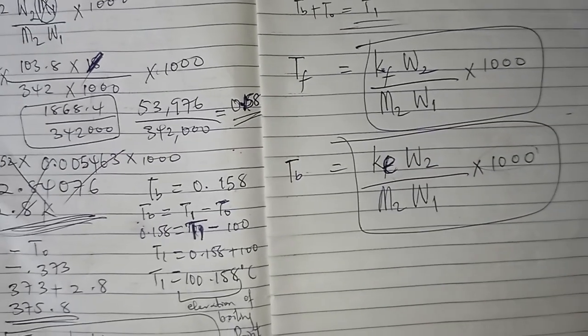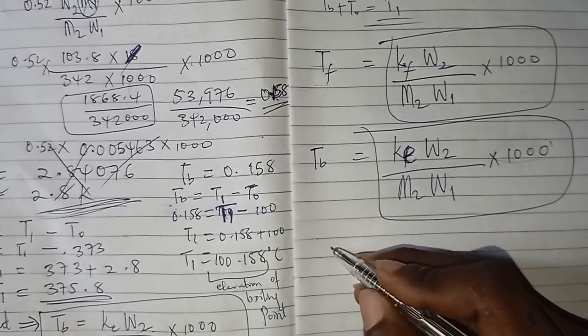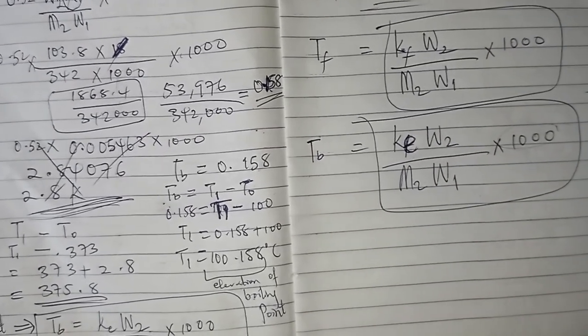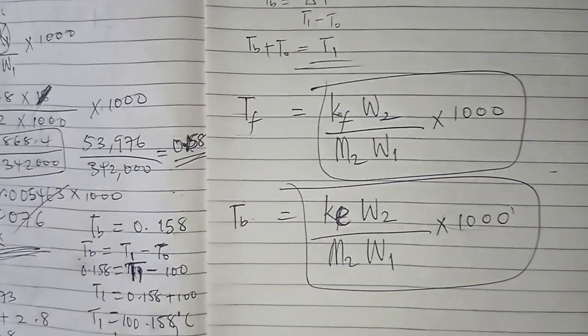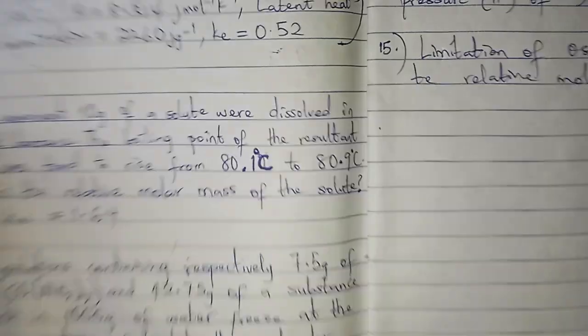That is everything on today's example on elevation of boiling points and relative molecular mass. Let's see if we can solve a question on osmotic pressure.